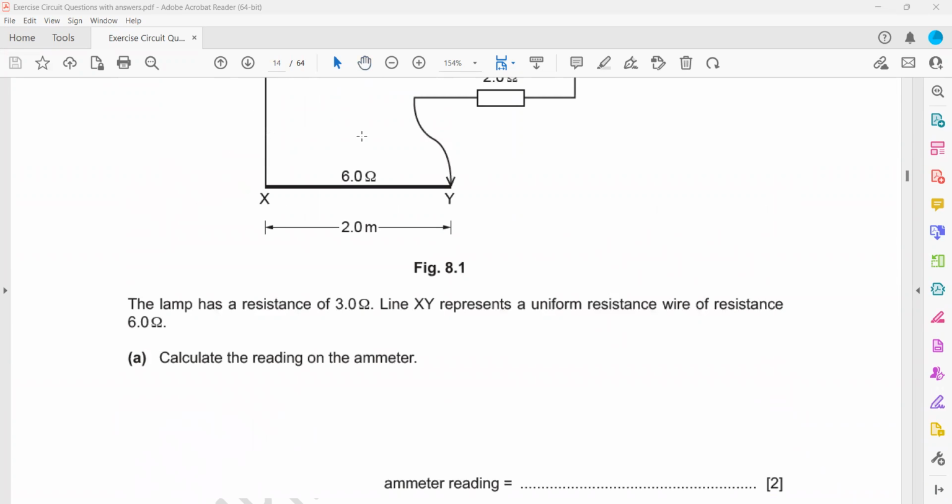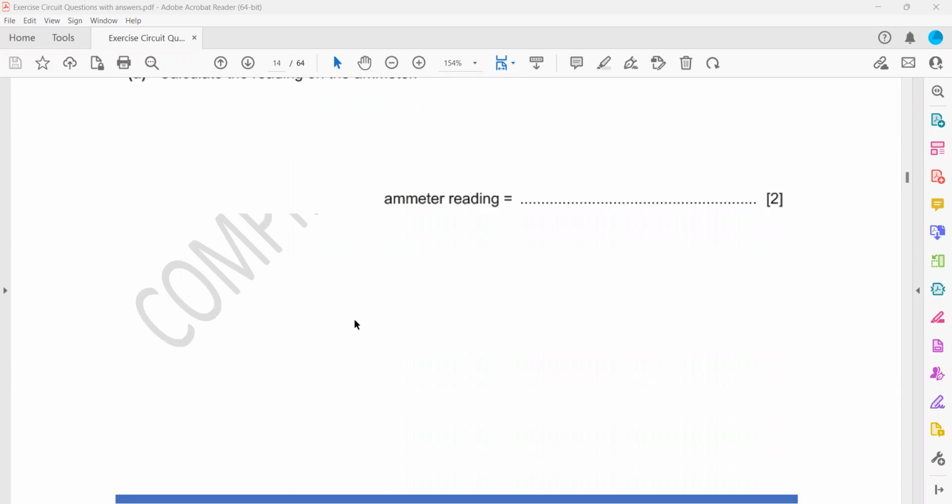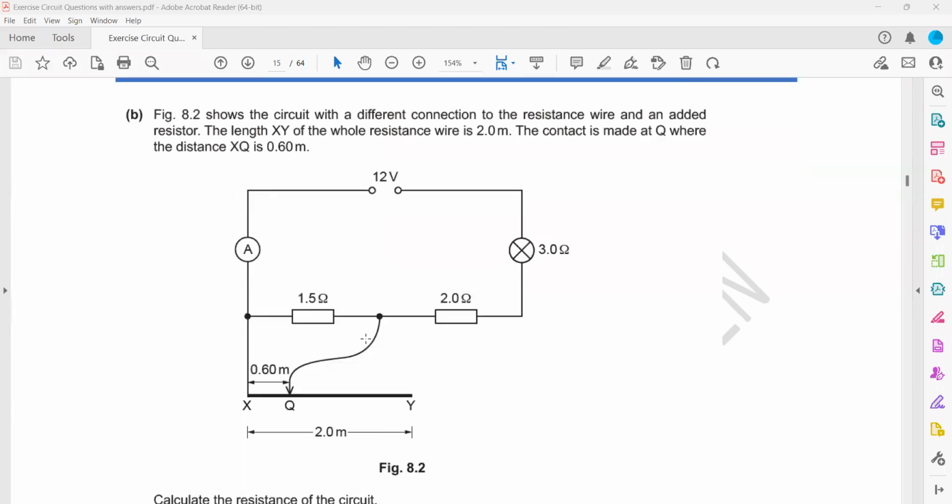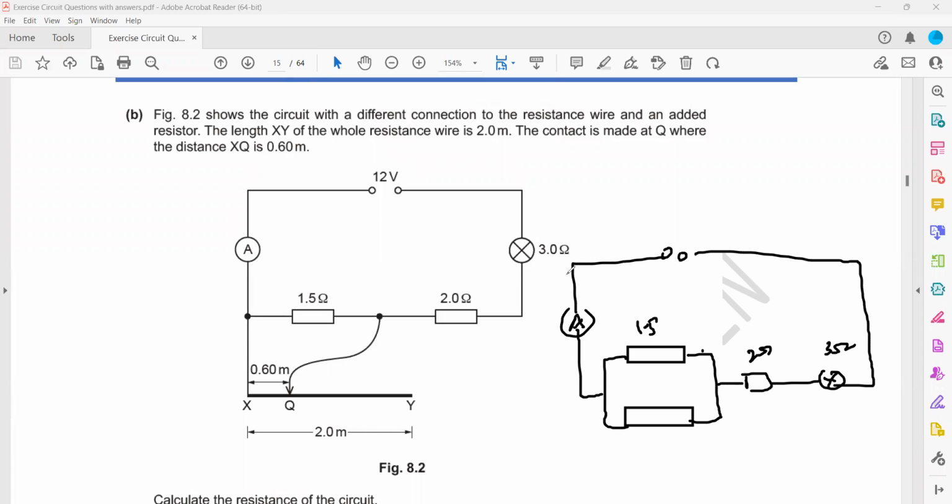So when the length was 2 meter, the resistance was 6 ohm. So we can simply use a ratio to work out the resistance of a wire which has a length of 0.6. Because we already have the 1.5 ohm, 2 ohm, and 3 ohm.